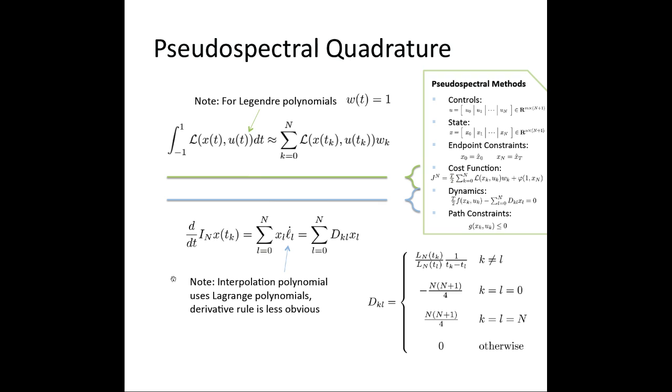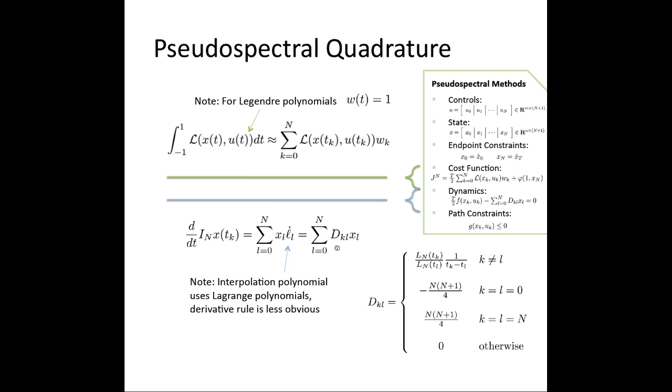Now, interpolating polynomials use Lagrange polynomials, and the derivative rule is less obvious. So we want to express the derivative of the interpolating polynomial using a differentiation matrix.